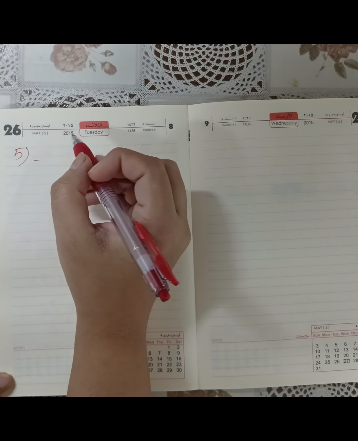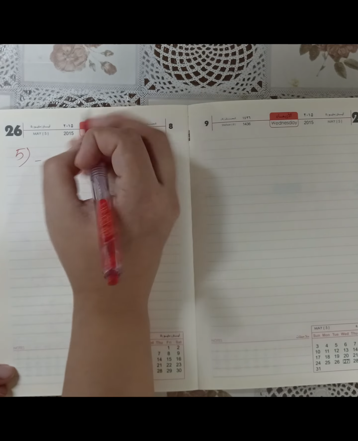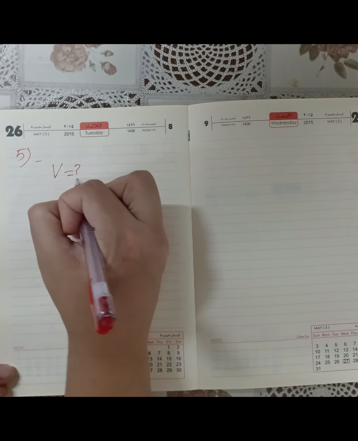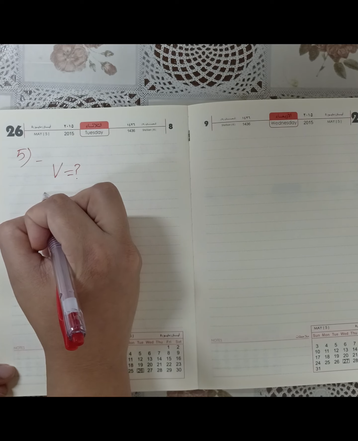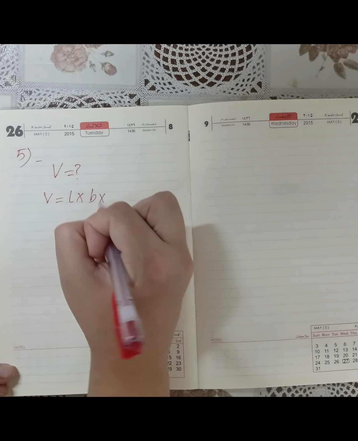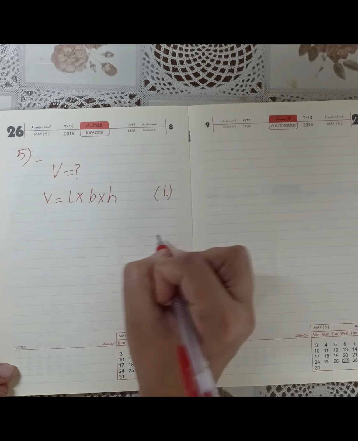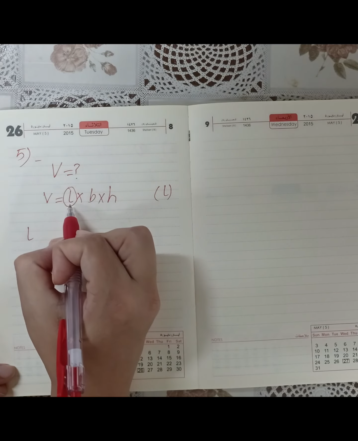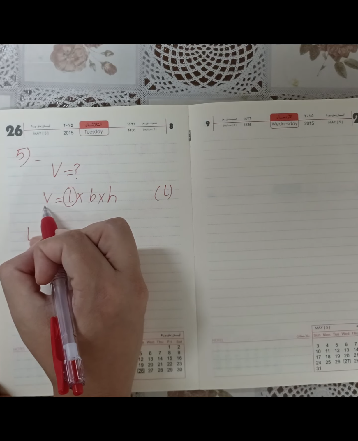Question number 5, draw a function machine to show how to find V. We have to find V using the formula V equals L multiplied with B multiplied with H, and we have to start with L. That means L will be our input, and what do we do with L so that we can have V?